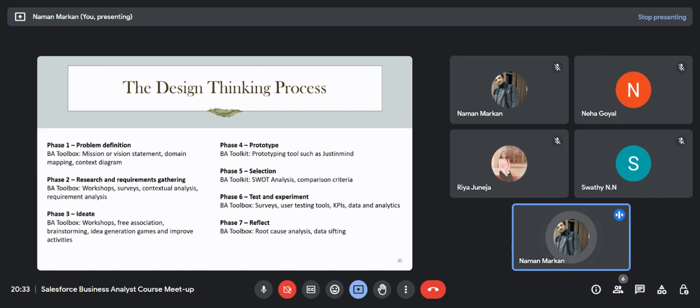This basically allows you to have that kind of flexibility, right? So if needed, go back to the drawing stage, no issues. But this is what exactly the design thinking process is all about, from the problem definition, basically, till the reflection of the particular product.